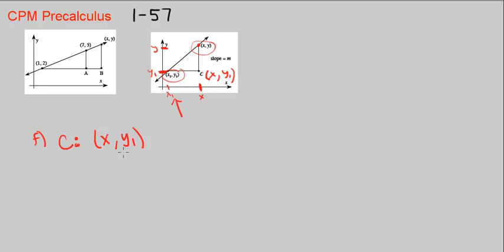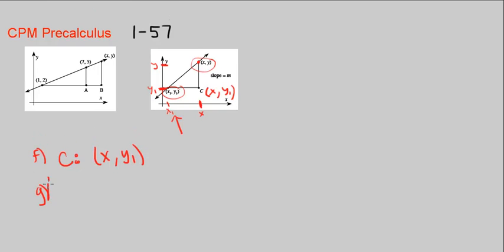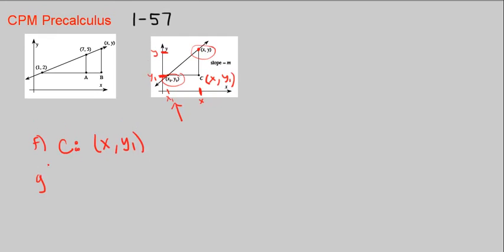Okay, that is part F. Part G says, find the expression for the sides of the slope triangle. So here we have a triangle, and I'm going to draw it again.